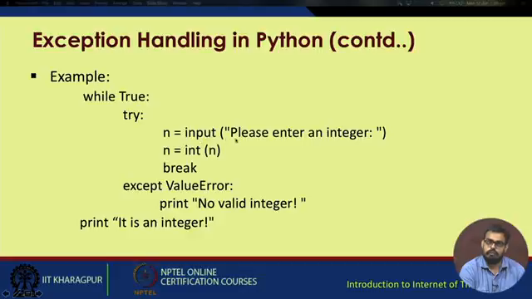So whatever number you are inputting, it gets stored in n, it is converted into integer, and you break it, and after that this print statement executes. If you somehow erroneously input a string or a character, it won't be converted to integer, so it will print not a valid integer. So it's better you try this code also.